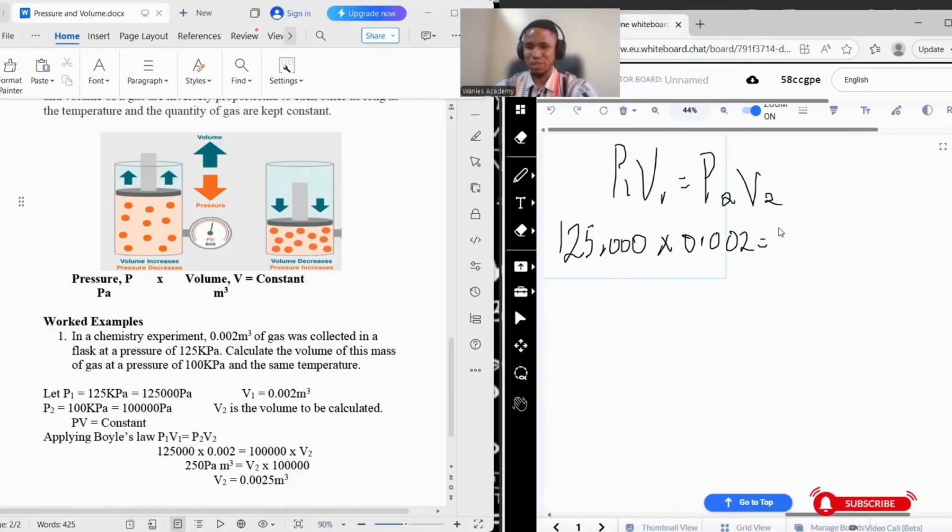The pressure has been decreased to 100,000 multiplied by V2. That's what we really want to solve for. So to make V2 the subject of the formula, we divide both sides by 100,000.